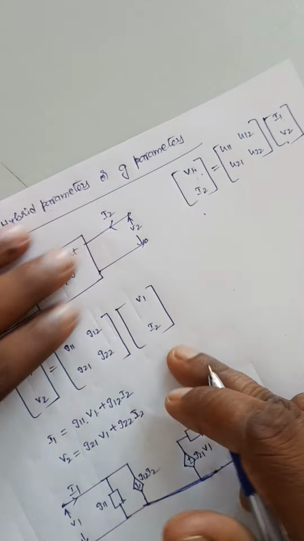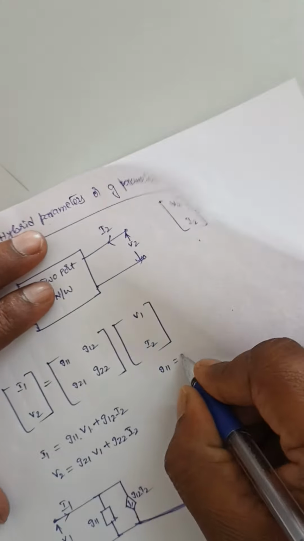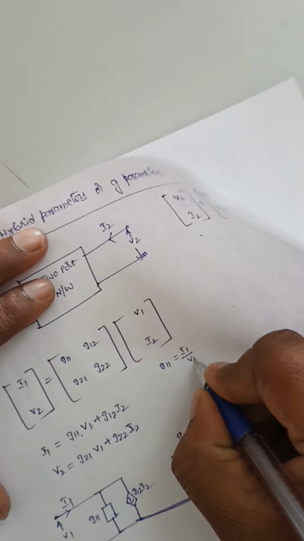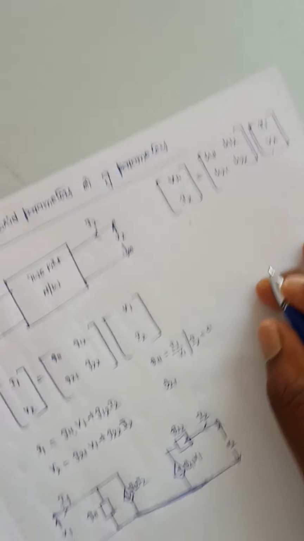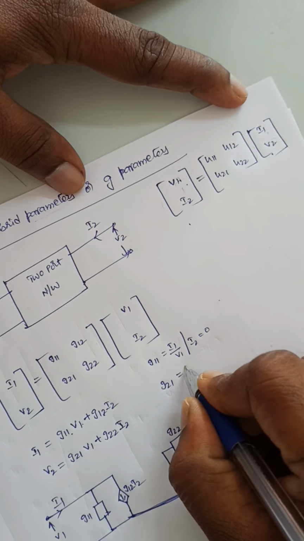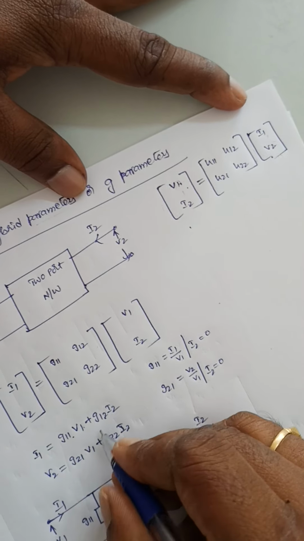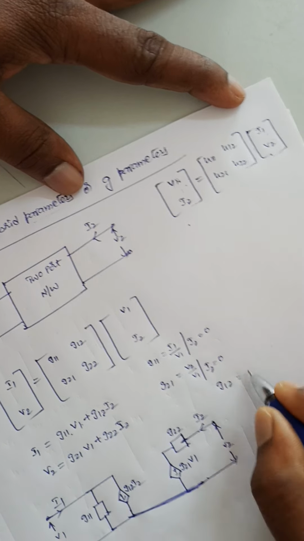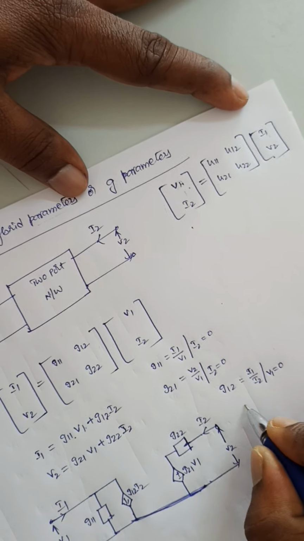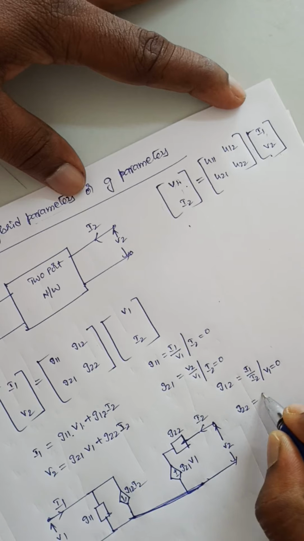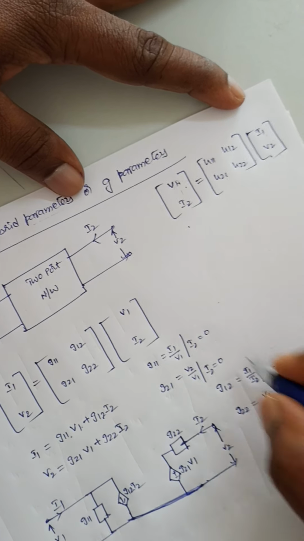Let me discuss about G11, G12 and the others. We know that G11 is equal to I1 by V1 at I2 is equal to 0. G21 is equal to V2 by V1 at I2 is equal to 0. Next, G12 is equal to I1 by I2 at V1 is equal to 0. G22 is equal to V2 by I2 at V1 is equal to 0.